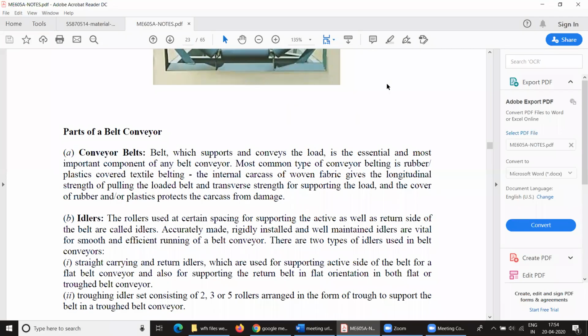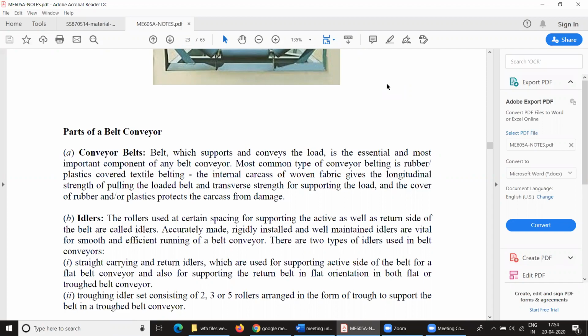Sorry for the interruption. We were discussing the parts of a belt conveyor, and the first part is the conveyor belt. Most obviously, it supports and actually conveys the load. It is the essential and most important component of any belt conveyor.